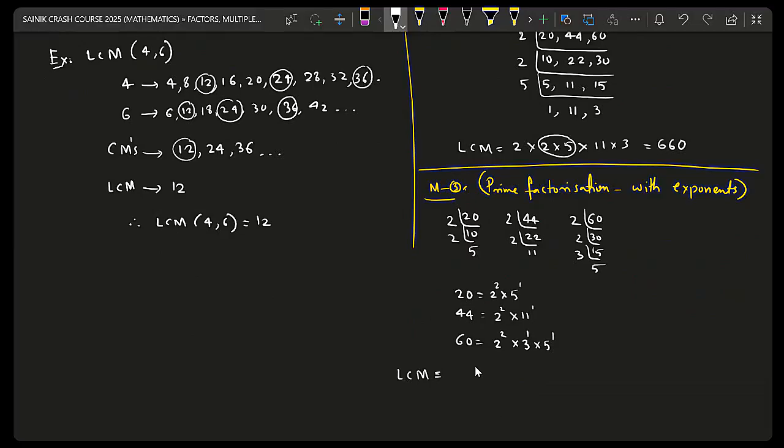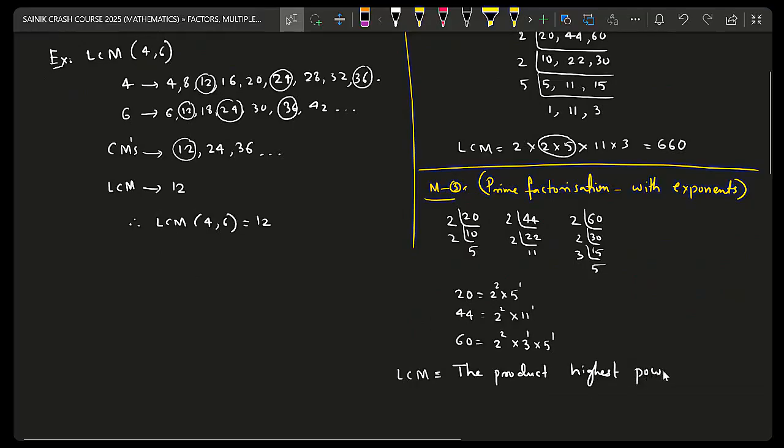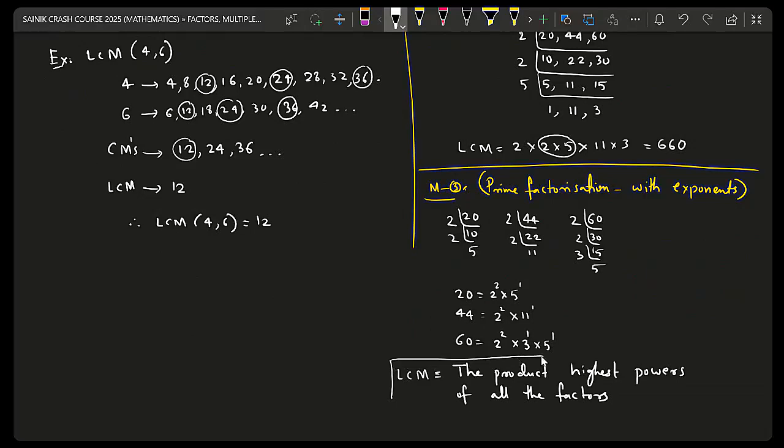But for LCM, it is a product of highest powers of all the factors. For HCF, lowest powers of common factors, but for LCM it is quite different. In place of lowest we got highest, in place of common we got all the factors. So this is LCM statement.